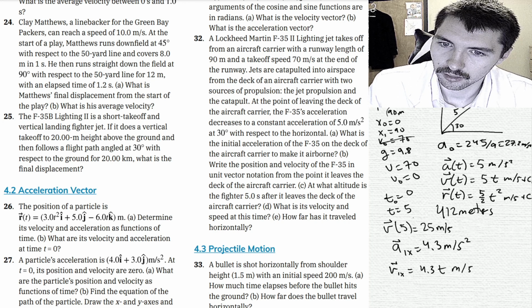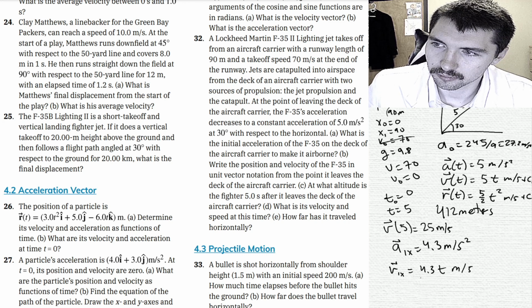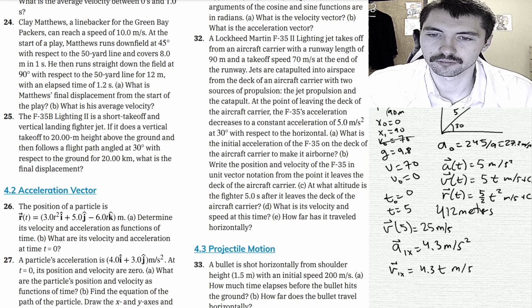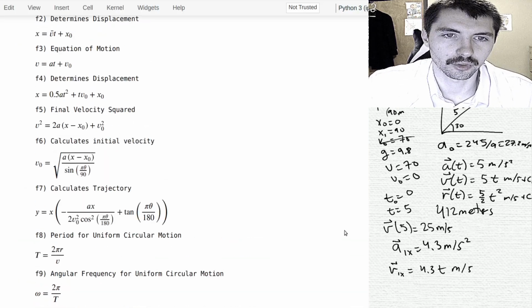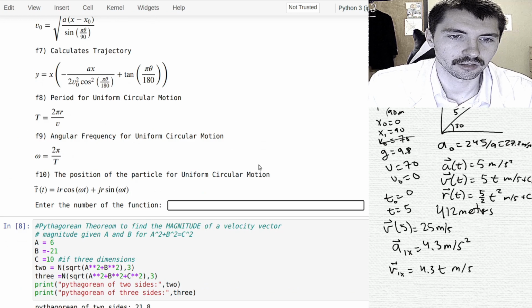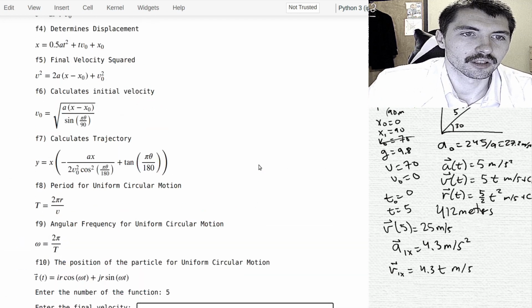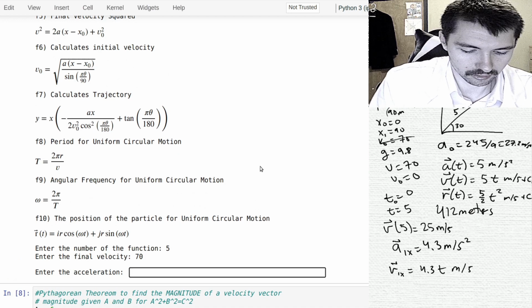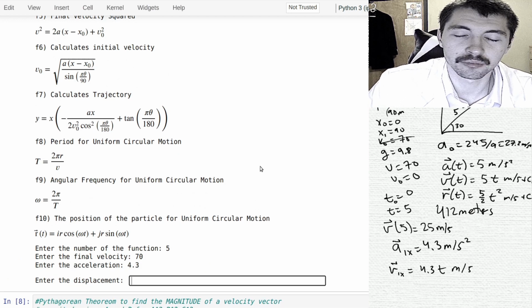Okay. We're gonna use equation 5 again. Okay, equation 5, so we're using 70. Acceleration is 4.3 this time.